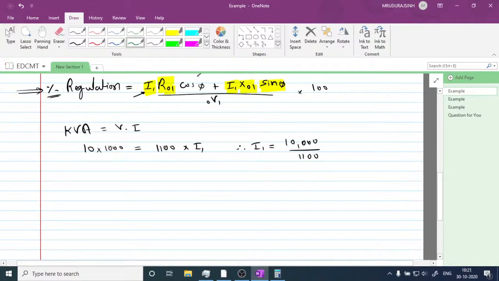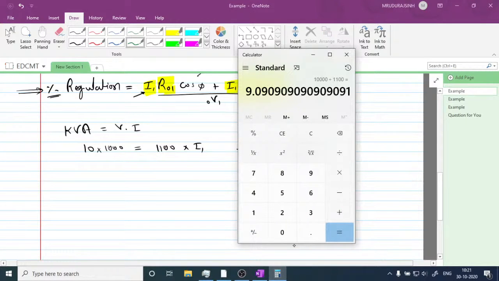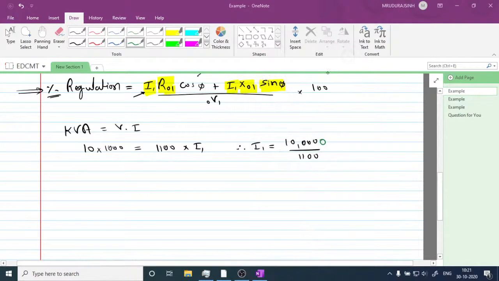So over here there will be one more 0, and the decimal point will be shifted to the right-hand side. So we get not 9.09, but 90.9 ampere of current. That's good.